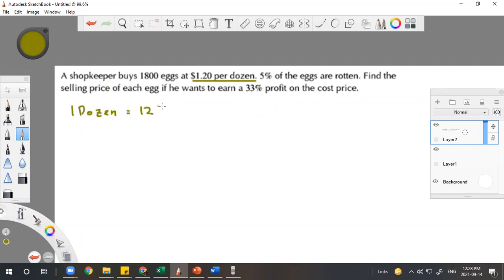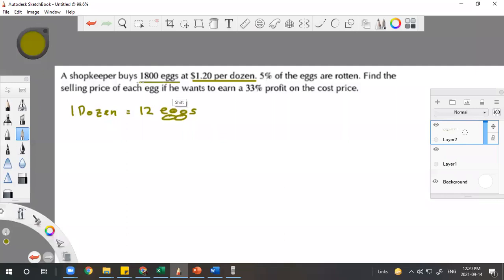In this case, x can be anything, 1 dozen pieces of paper or 1 dozen candy, so it's 12 candies, 12x.